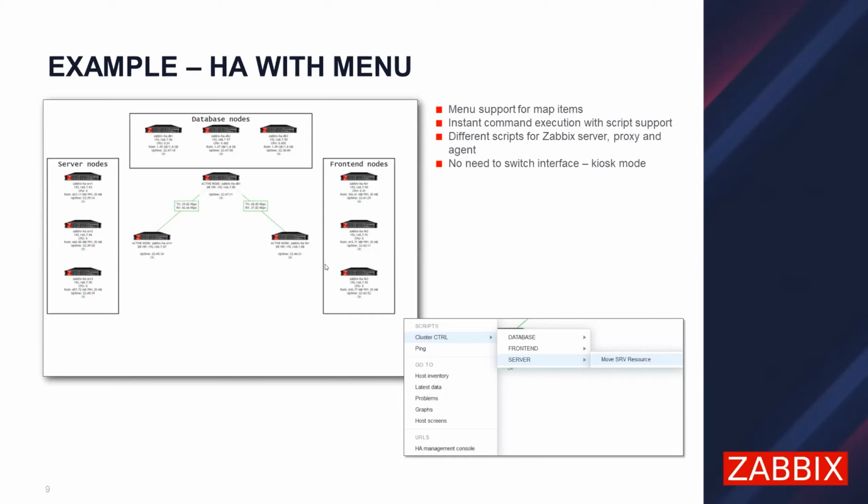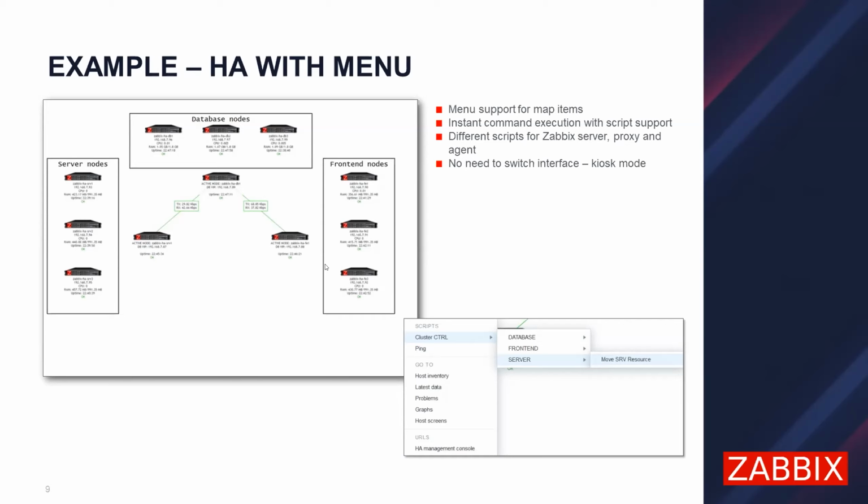That is usually very convenient when you have a special team designed for monitoring, and this team has the chore of looking at the map and processing a limited set of operations. So in this case, you have the possibility to limit the operations to a predefined set of actions, and you can define these actions inside scripts, and thus this team won't do anything bad to your system at all.